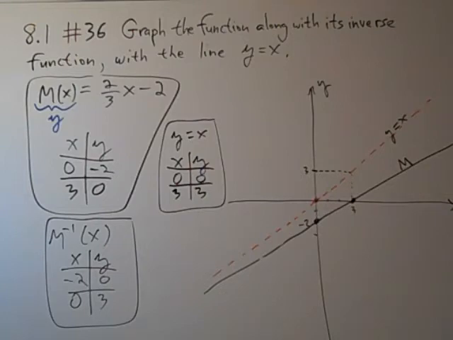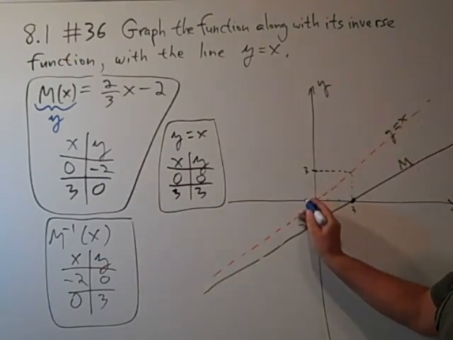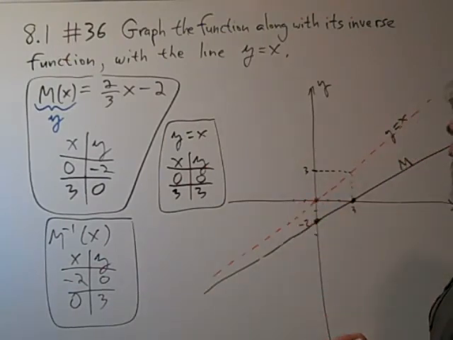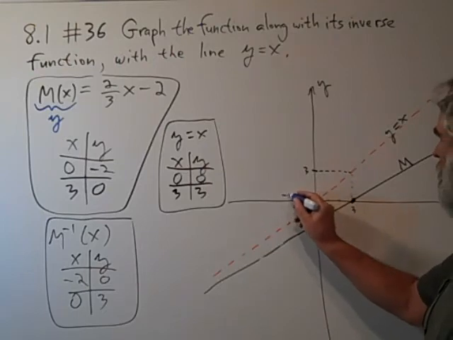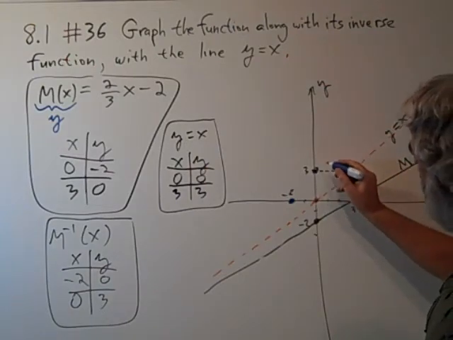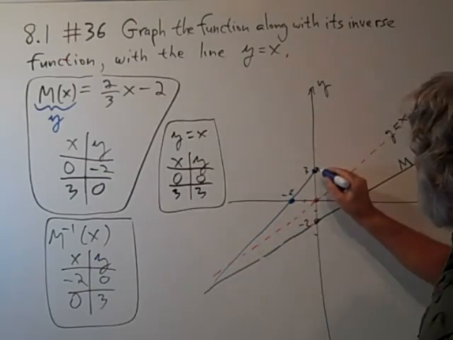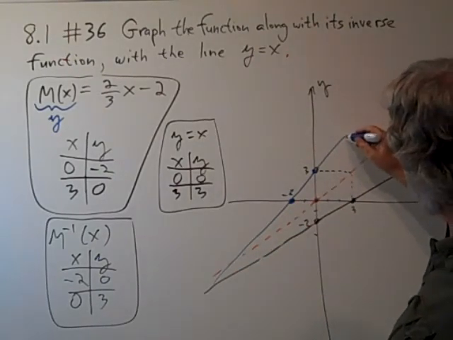Okay, now for m inverse. I'll graph m inverse in blue here. And m inverse has an x-intercept at -2, -1, -2. So there's the x-intercept of that line. And at 0, 3 it has a y-intercept up here. So this line is coming like this, basically.